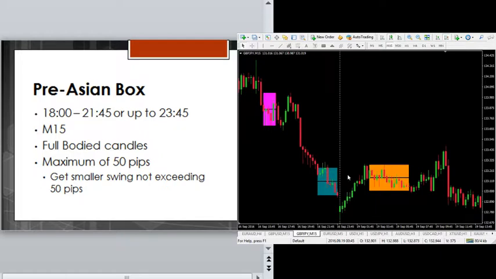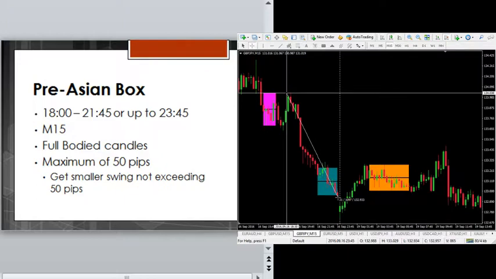But there are times that there is high impact news during the time frame 1800 to 2345. So what we could do is just get the smaller swing from this time frame, because at this movement, if you plot it, we have more than 100 pips from 1830.